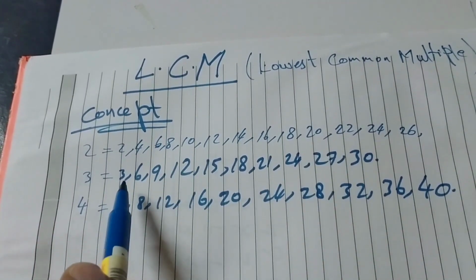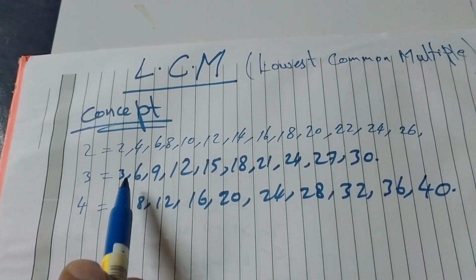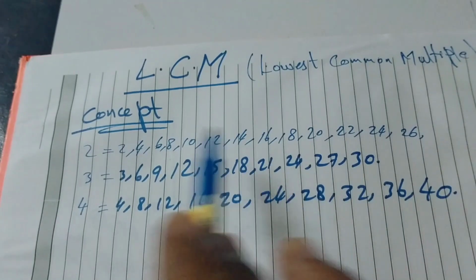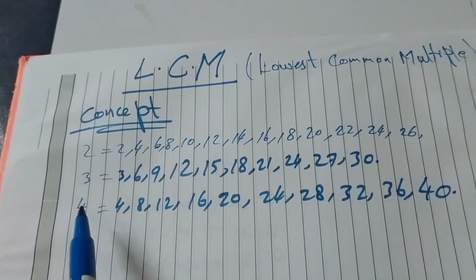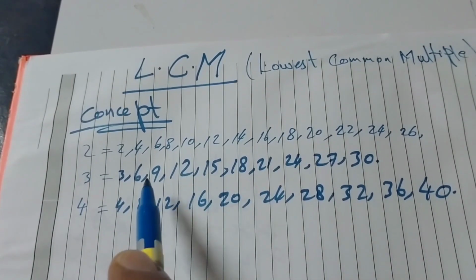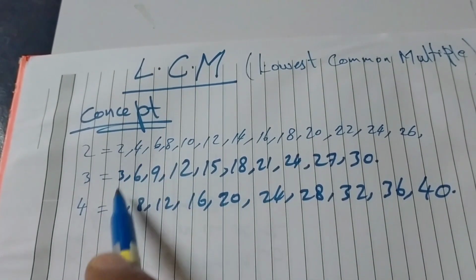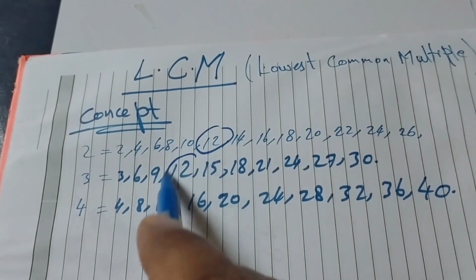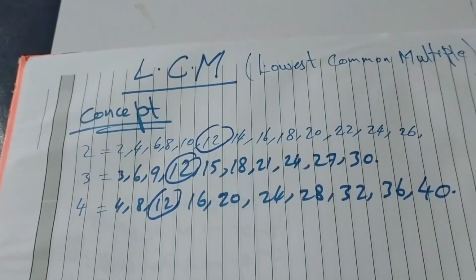Now we are going to find the common, because lowest common multiple. These are all the multiples of 2, 3 and 4. So let us see the common multiples. What are the common? 12 and 12, it is common.